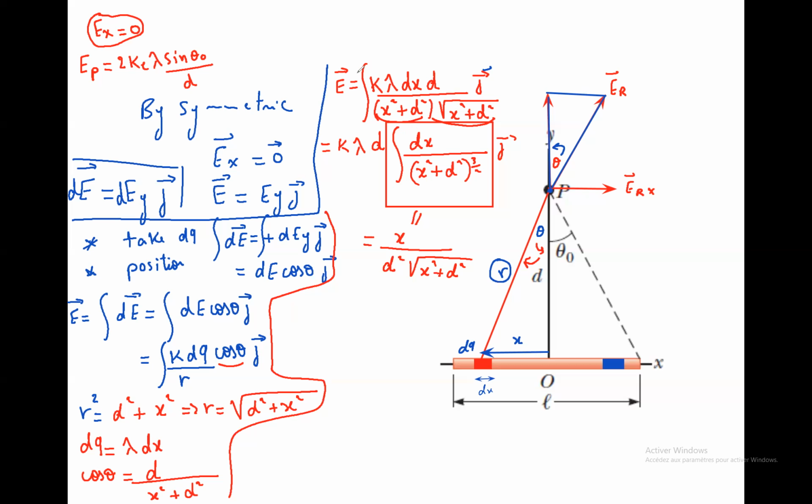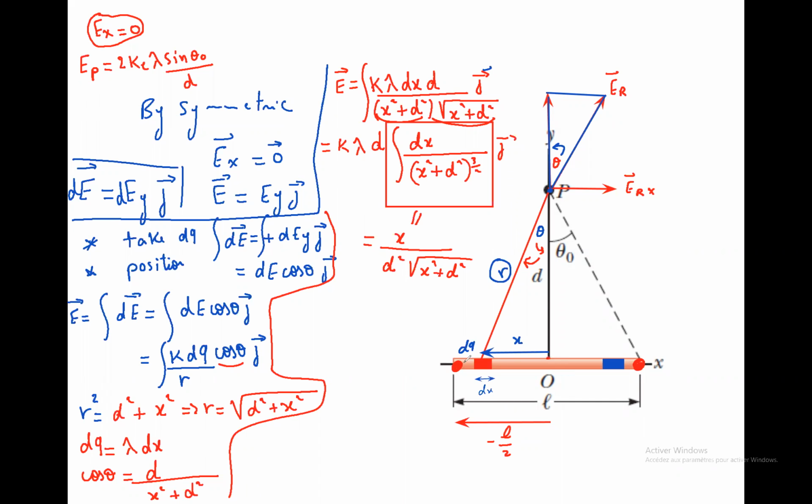By moving the small charge between the extremities of the rod. It means from this point to this point. If the charge is at this point, the distance from here to here is equal minus L over 2.